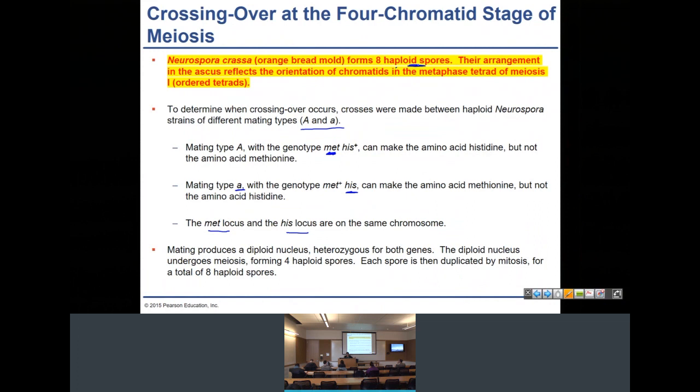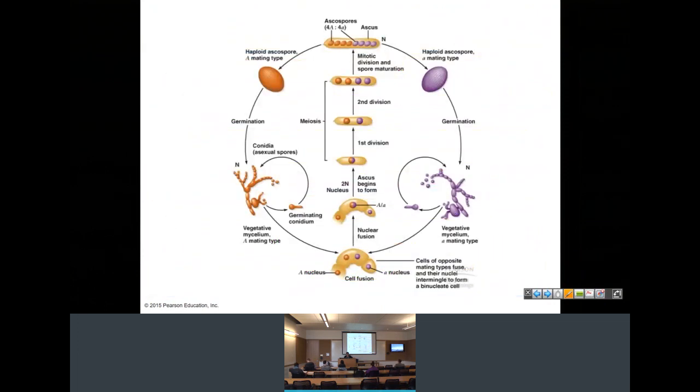So for a short time, they're diploid, and then they wind up having the haploid spores. So let's look at what happens. This is what they look like, mating type big A, mating type small a. When they come together and the DNA replicates, there is a short time when it's diploid before it becomes haploid again.